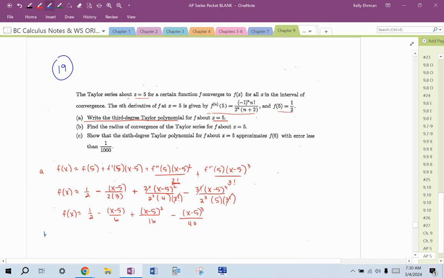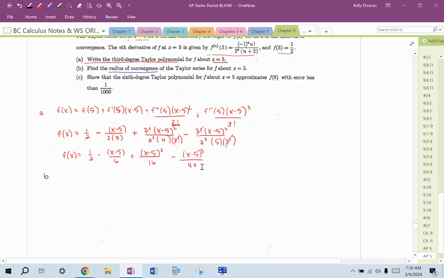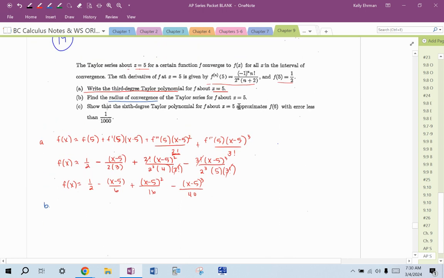Okay, so for part B, find the radius of convergence. So we need some sort of an nth term. So this is kind of nice to have this pattern here. But remember, you can always go back to the default of, what is that nth term? It's going to be the nth derivative at 5 times x minus 5 to the n over n factorial.